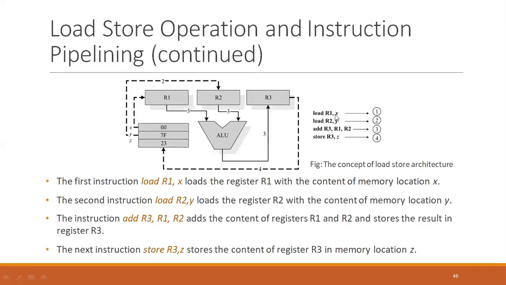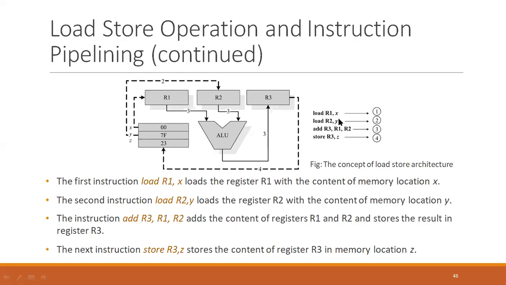So look at this. I'm moving the contents of X, a memory location, into a register called R1, right? The contents of X will be moved to R1, and Y is a memory location.